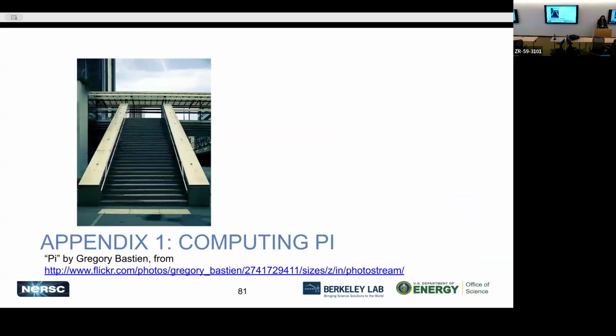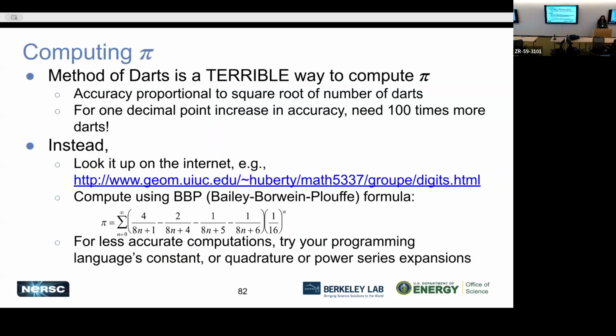You can check those out. And if you're terribly curious, you can read about how to better compute pi. In real life, like I told you, don't use the method of darts. Use other ways, like the BBP formula is a good one, or quadrature. Programming languages usually have pi defined as a constant.